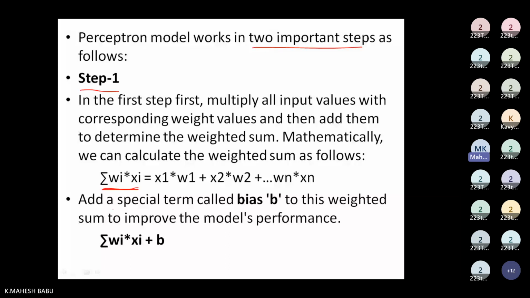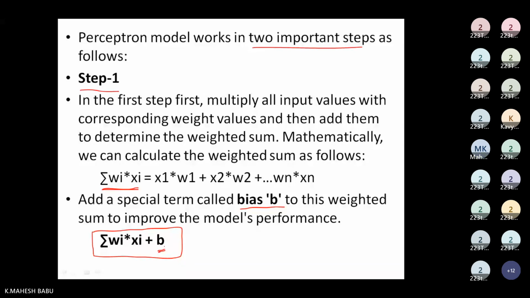And a special term called the bias value, which is another weight, is added to the sum value. This is the first part in our model. So you are collecting all the inputs along with the weights, doing multiplication and summing together. That value is added with the bias value. This is the first step.